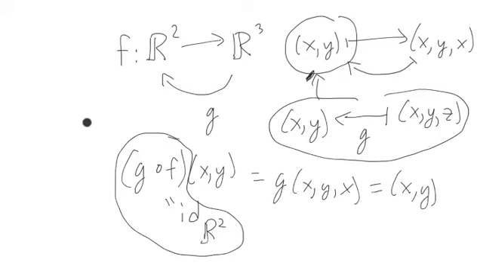Now, if we have a left inverse, then we know that the function is injective. What does injective mean? That means that there is no fiber that has more than one element in it. And if we have a left inverse, then we know it's injective.